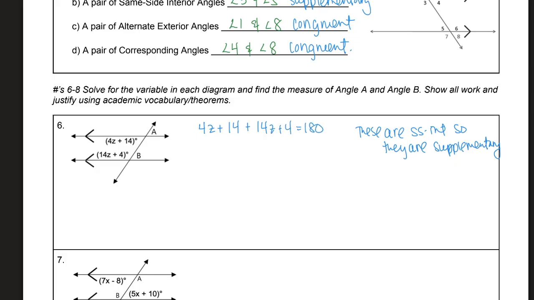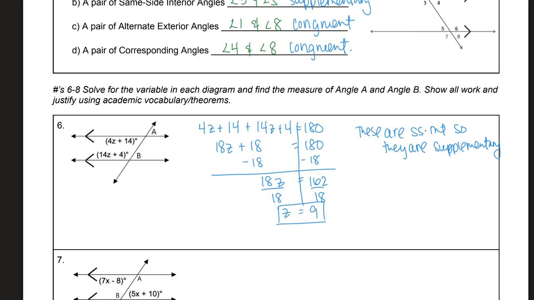So now we're going to combine like terms. Our z's combine together to make 18z, and our numbers combine together to make 18. Subtract 18. So we have 18z equals 162. And then lastly, divide by 18. So we get z is equal to 9.